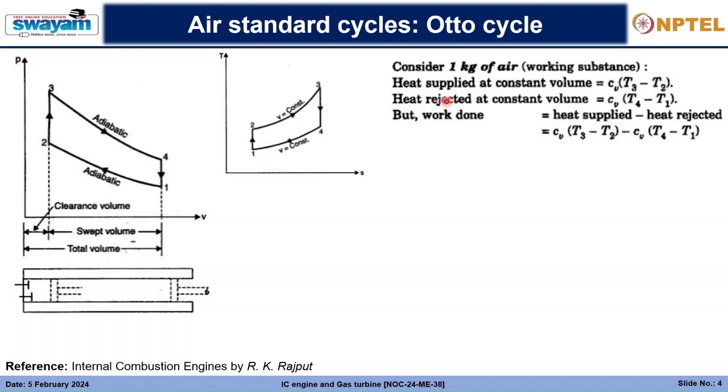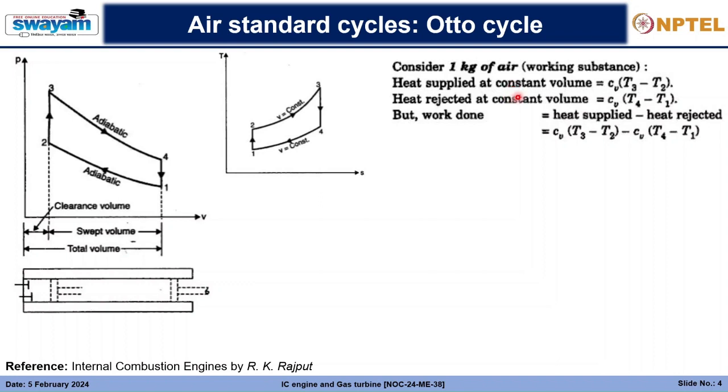Then heat supply. We will now try to get the formula for the efficiency and the mean effective pressure, and we will get to know what mean effective pressure is, then work done, and also the heat rejected at constant volume. If we know that, we will get the overall performance of the engine.